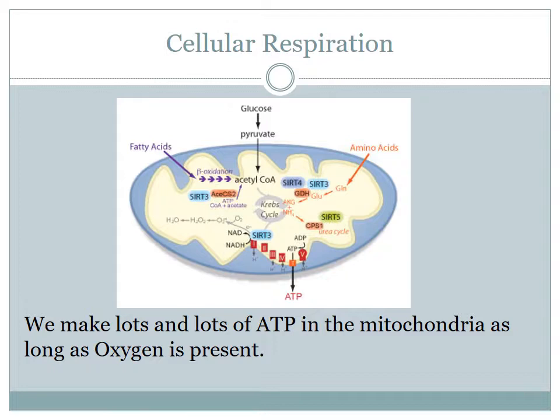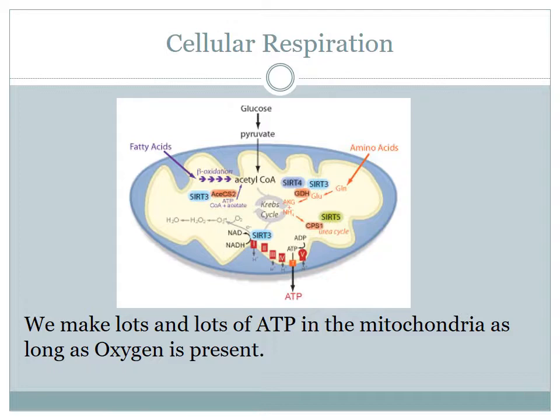Step 2, the breakdown of pyruvate. So pyruvate's going to break down. It's going to use an enzyme called pyruvate decarboxylase to remove a carbon dioxide. Now we have 2 pyruvate molecules, so we cut 2 carbon dioxide off.